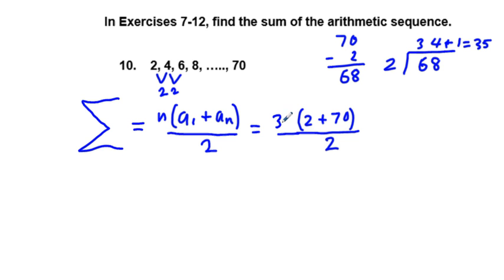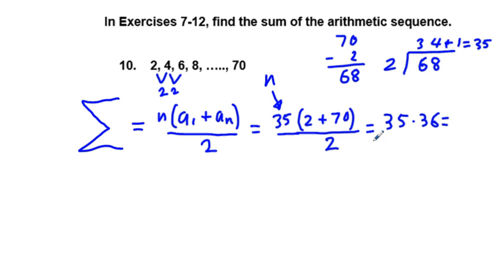So I'll put 35 in for n. Simplifying, we're going to have 35 times, well, 2 plus 70 is 72, and 72 divided by 2 is 36.